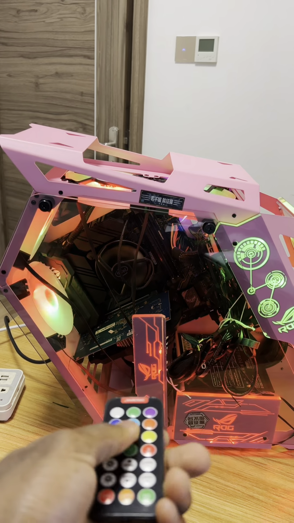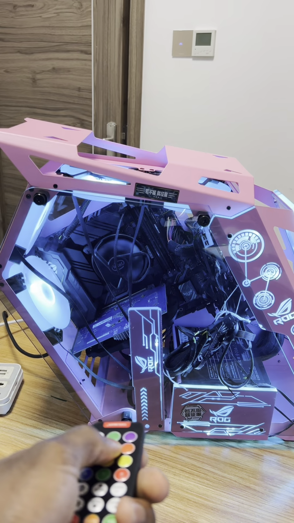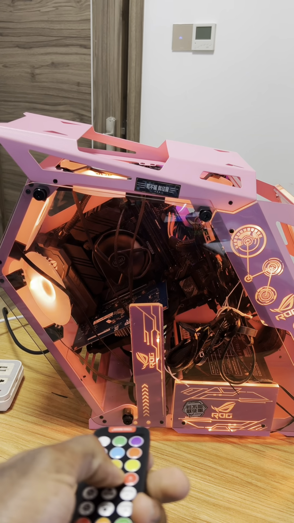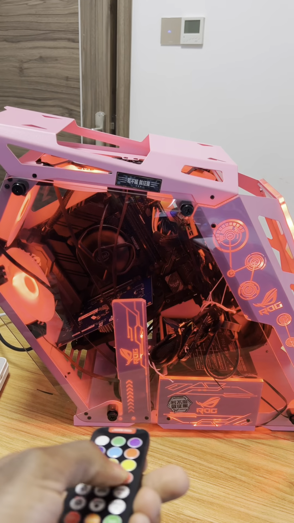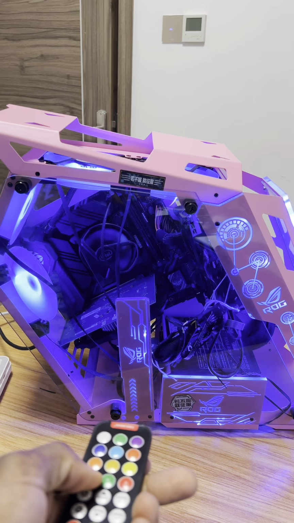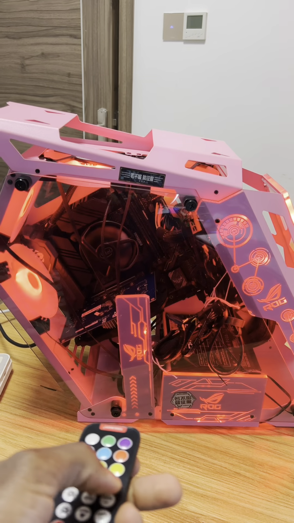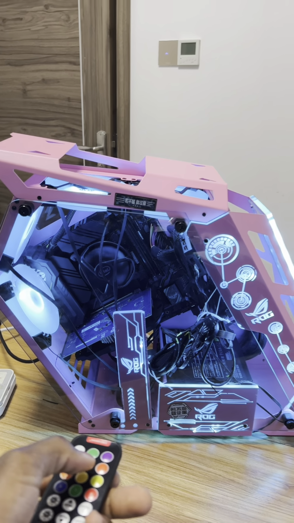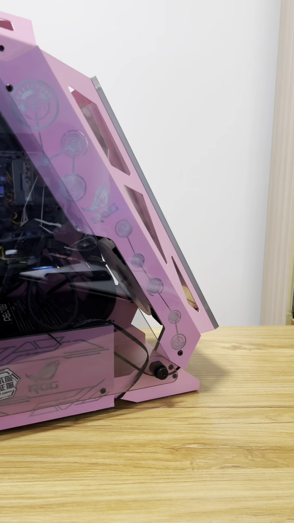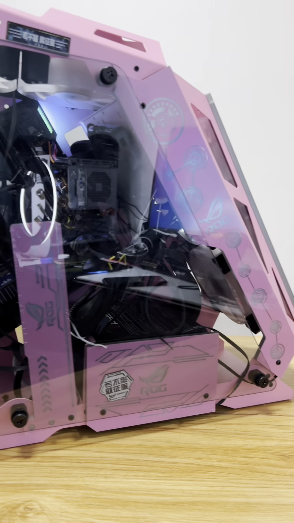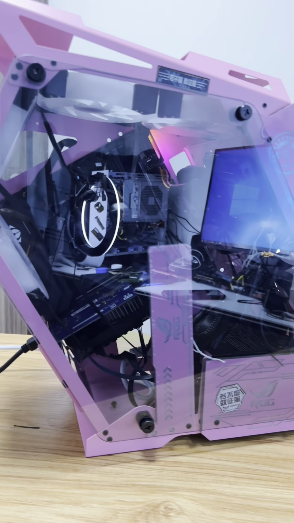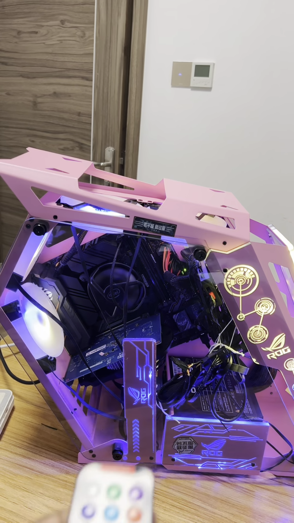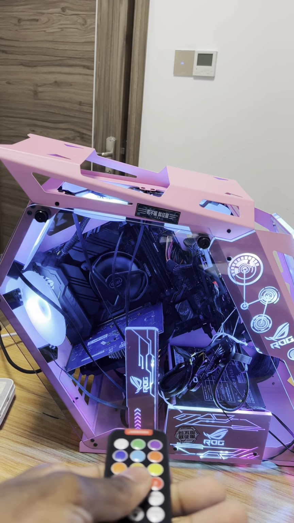In my case, my computer has about 1, 2, and also another strip here. We also have about 6 fans that are controlled by this controller here, and they are all RGB fans. The RGB system is controlled by this remote control here.